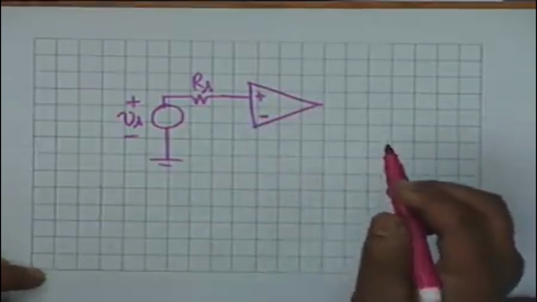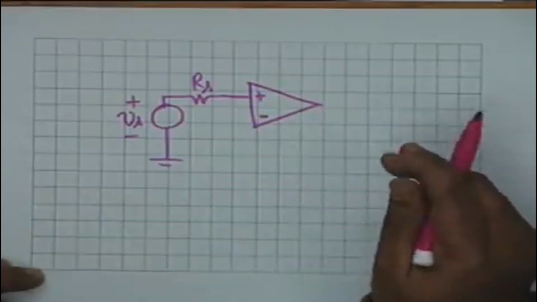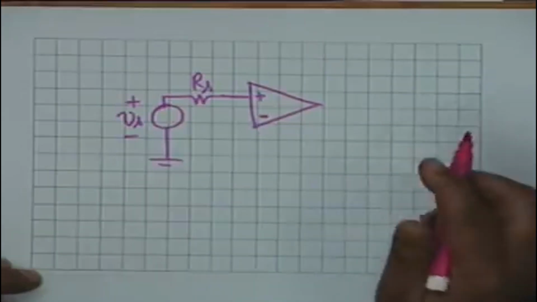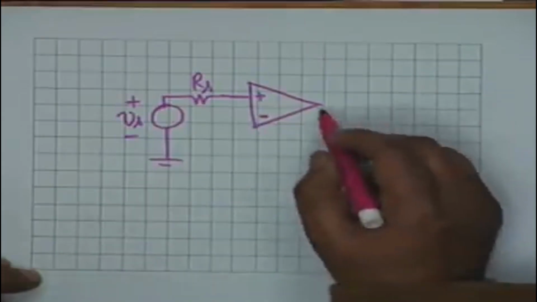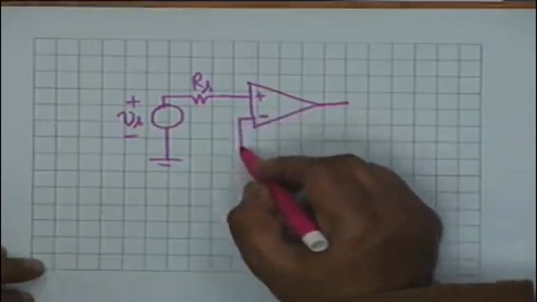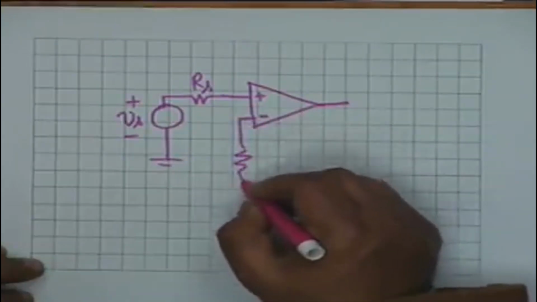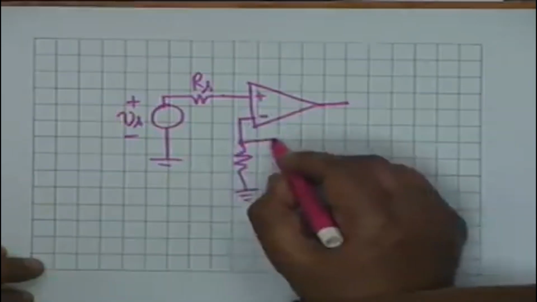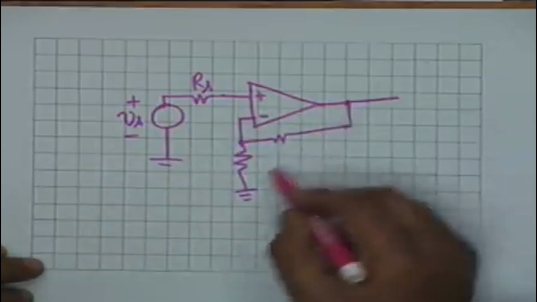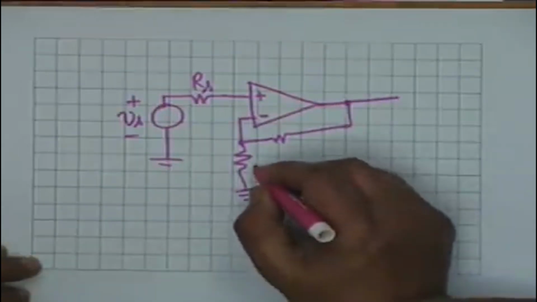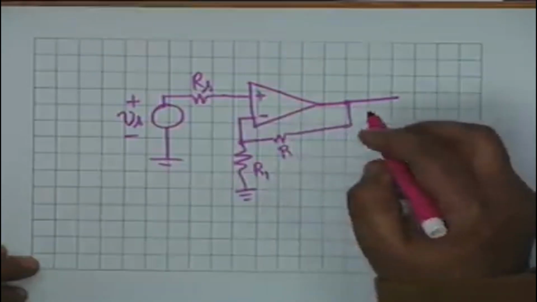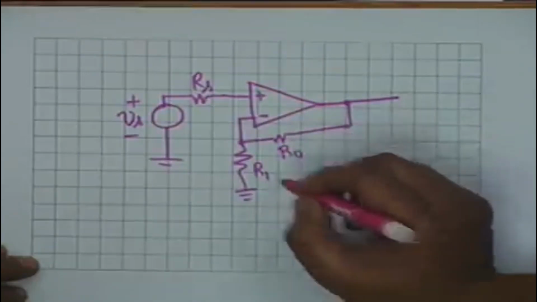As I said, an op-amp cannot be left without negative feedback, because then it will oscillate, and therefore to the inverting terminal, depending on what you want, you must connect a resistance from input to output, and suppose there is another resistance here. Let us call this R1 and this R0.